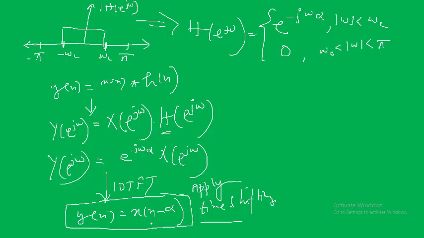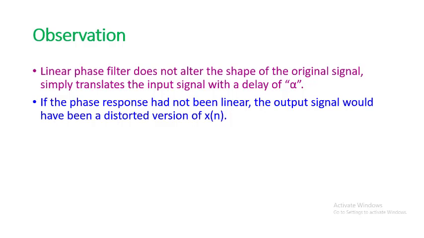In an FIR filter this is exactly followed, and here we have an excellent phase response. What we can observe from this equation is that a linear phase filter does not alter the shape of the original signal. It simply translates the input signal with a delay of alpha.